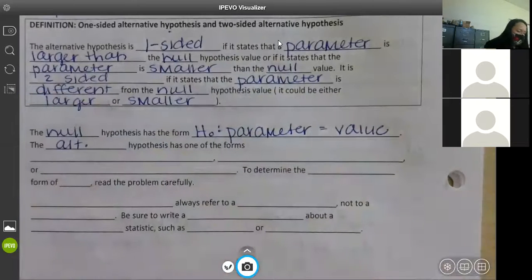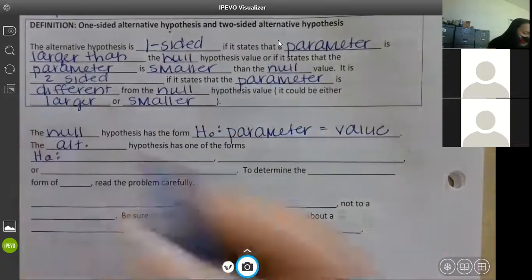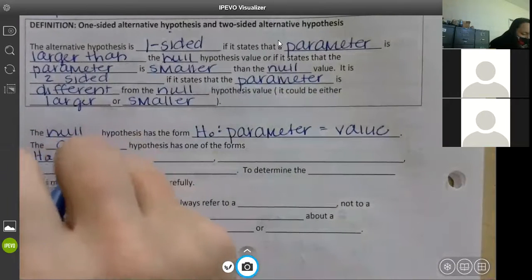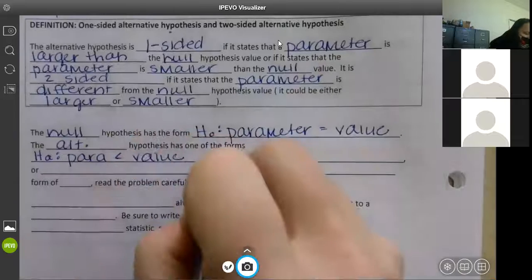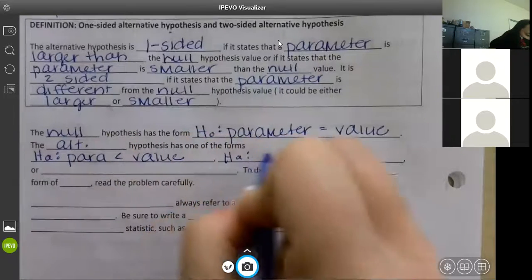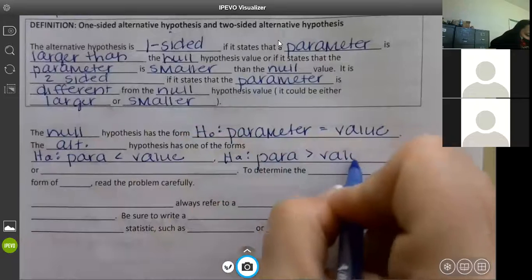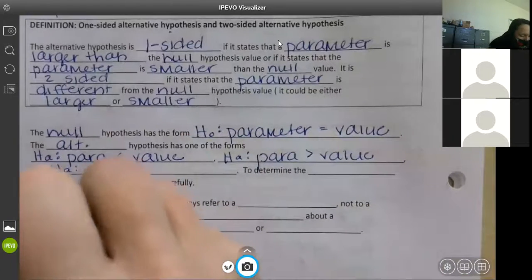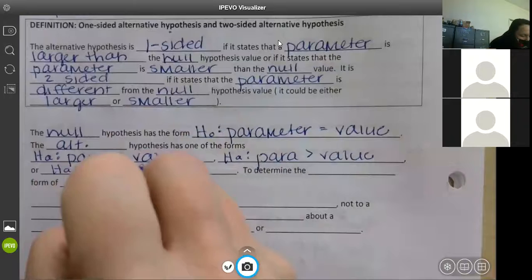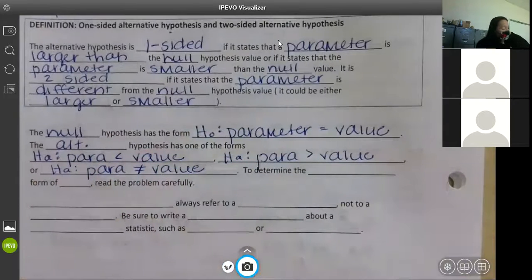The alternative hypothesis has one of the forms. H of A, the parameter is less than the value. H of A, the parameter is greater than the value, or the parameter is not equal to the value. So it's going to be one of those three.